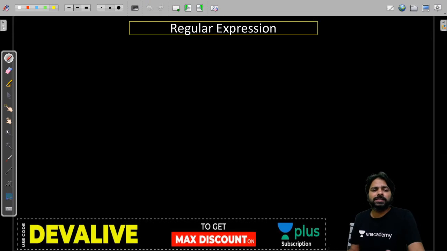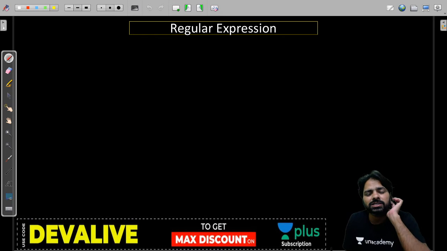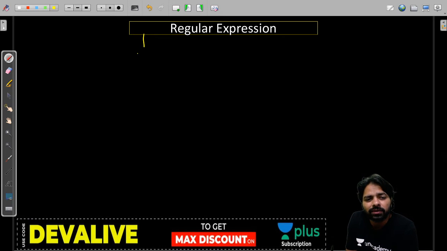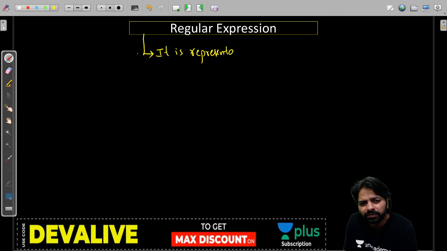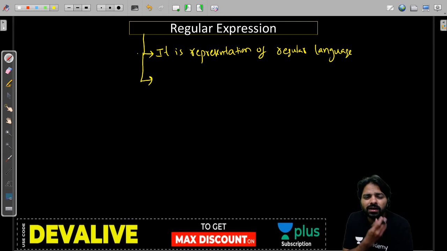What is a regular expression? A regular expression is a representation of a regular language, guys. If you want to represent a regular language, you can use this model. It basically uses 4 operators to represent it.